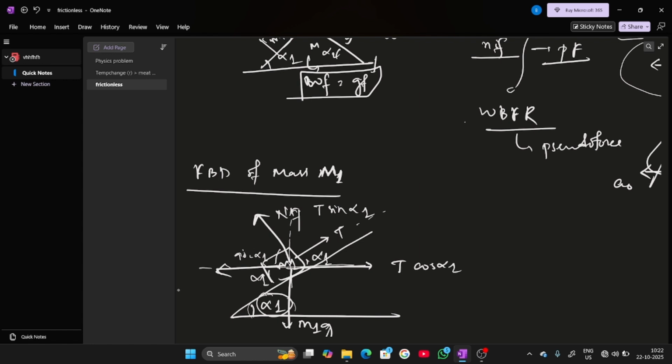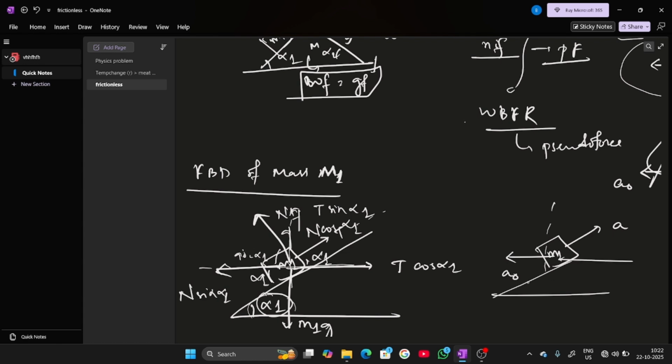The horizontal component of normal will be N sin alpha 1. Vertical component will be N cos alpha 1. Acceleration of M1 is A in this direction, another one is A naught towards the left. This is alpha 1. So A has horizontal component A cos alpha 1, vertical component A sin alpha 1.